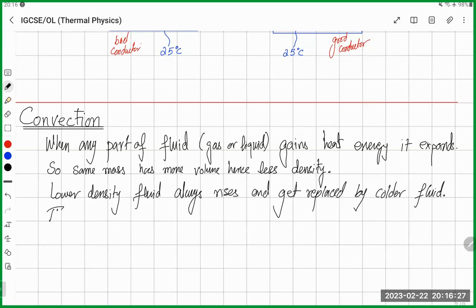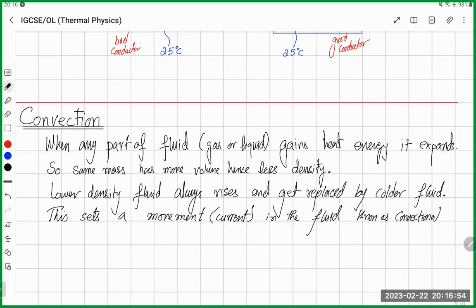This sets a movement, a current in the fluid, known as convectional current.